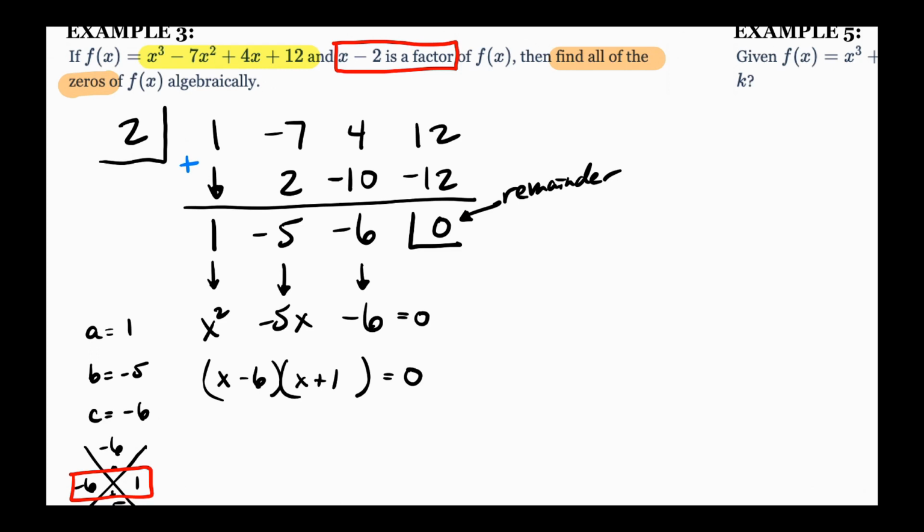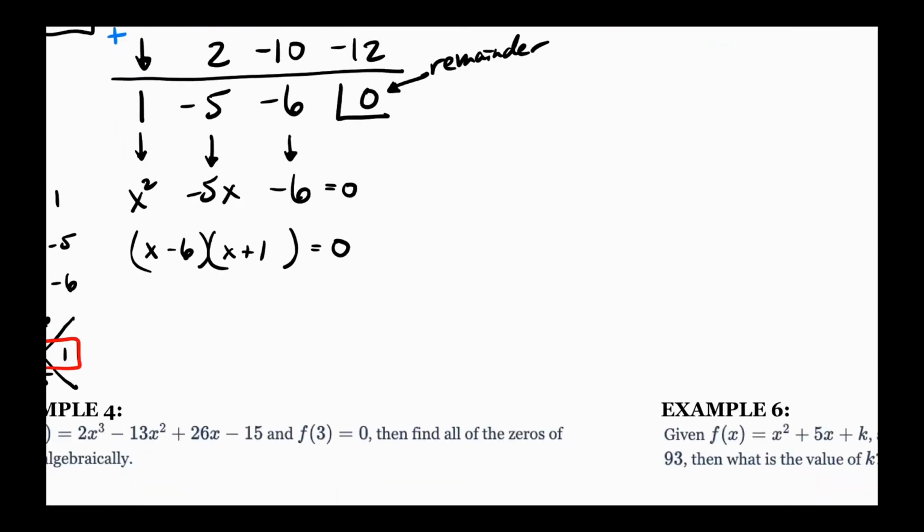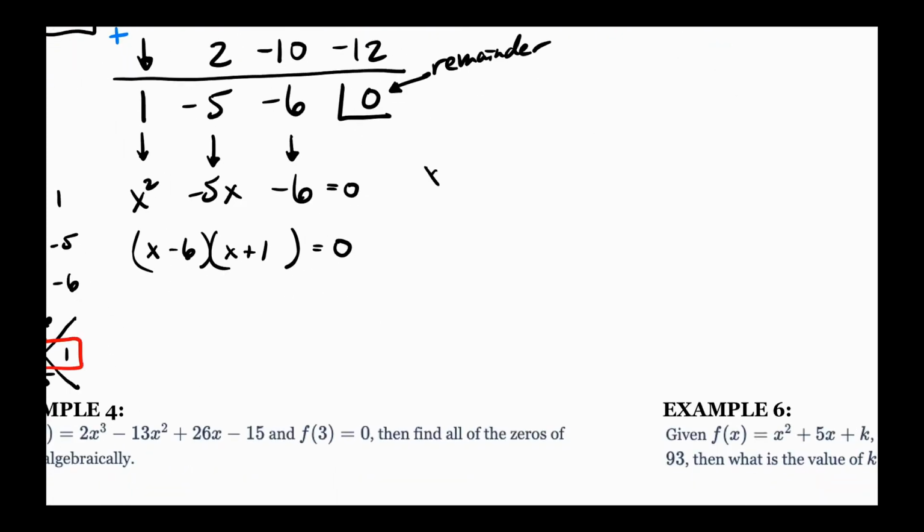I heard 2, I heard 3, I heard 1. So which of them are right? I should have 3 answers. Do I have 3 answers? I don't. How many answers do I have? I have 1 actually. Good. So what I've got to do now is set these equal to 0.